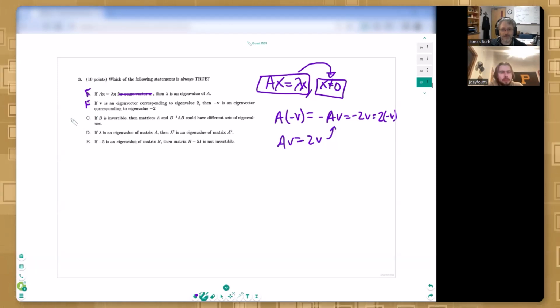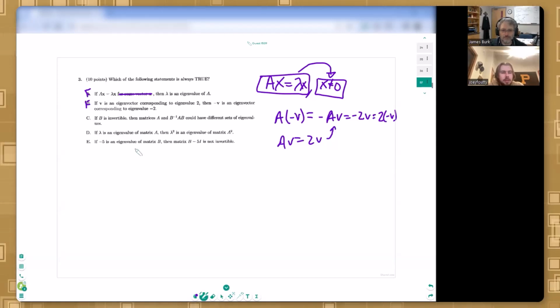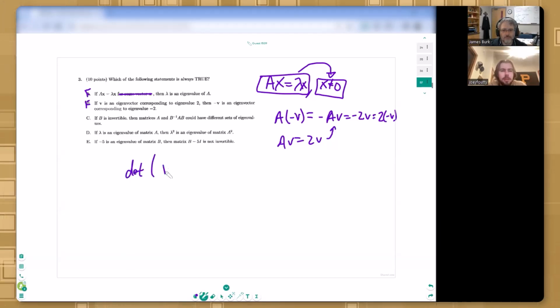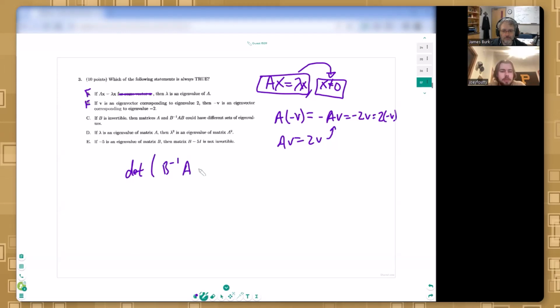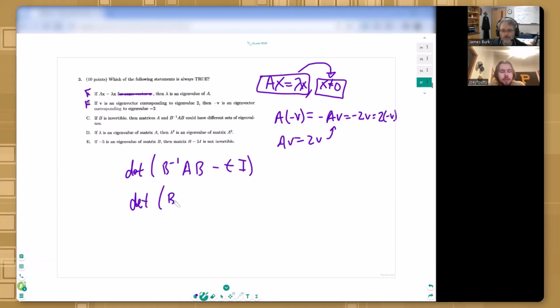Okay, so what do you say about C? Okay, why is it false?